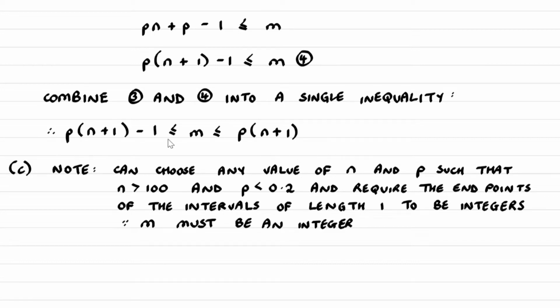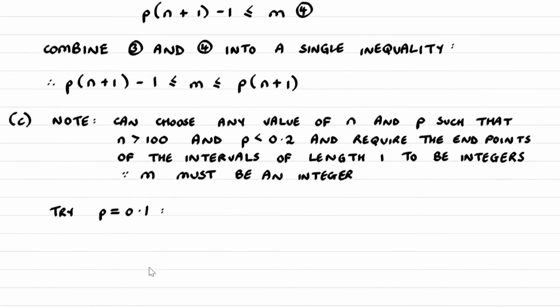So, if we take a look at our inequality, let's try a probability such as p equals 0.1. So what would my interval be? Well, I would have 0.1 times n plus 1 minus 1 being less than or equal to m being less than or equal to 0.1 times n plus 1.